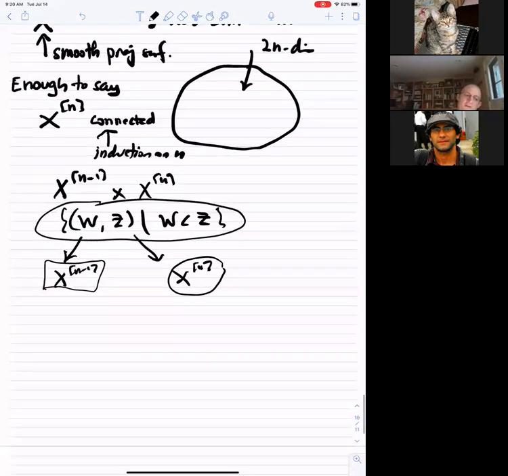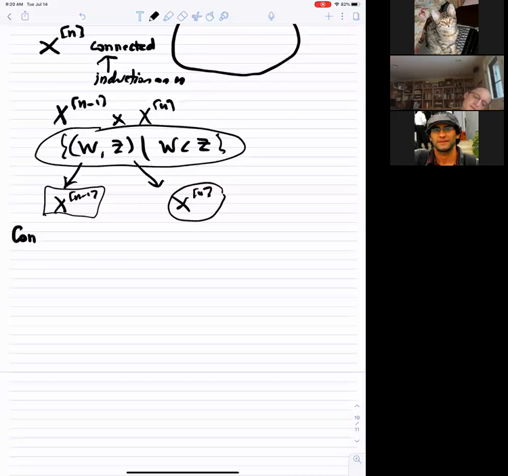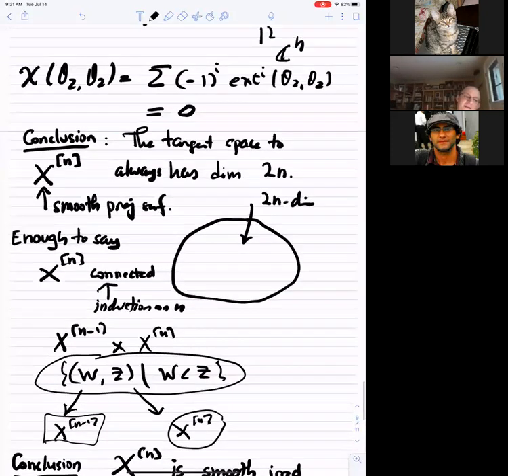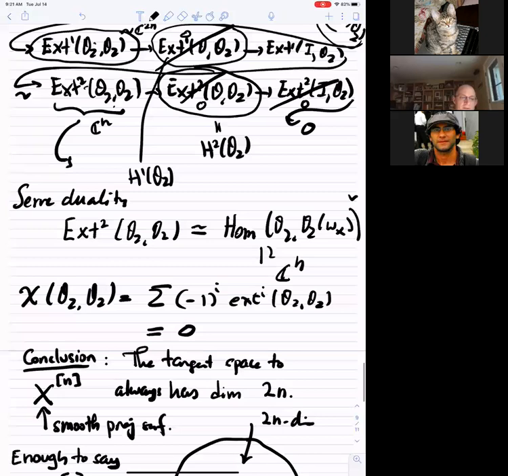So the final conclusion is that this X^[n] is smooth irreducible, of dimension equal to 2n. Okay? In other words, let's go back to the statement of Fogarty's theorem.